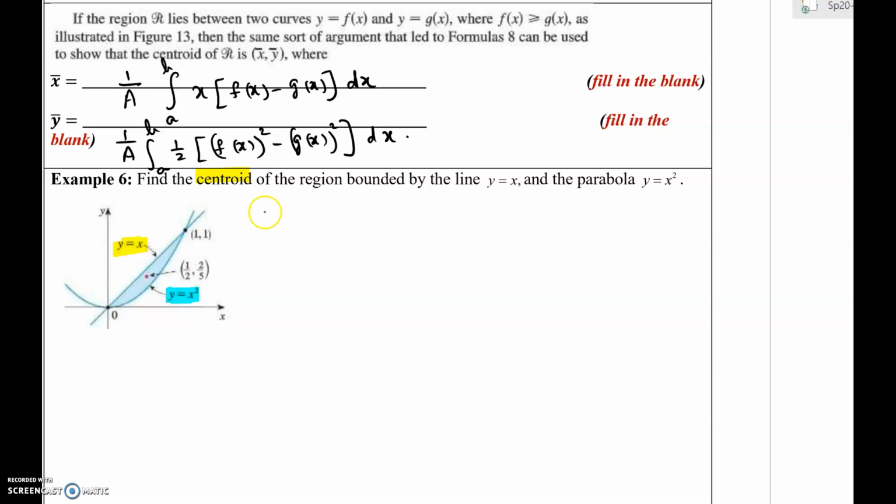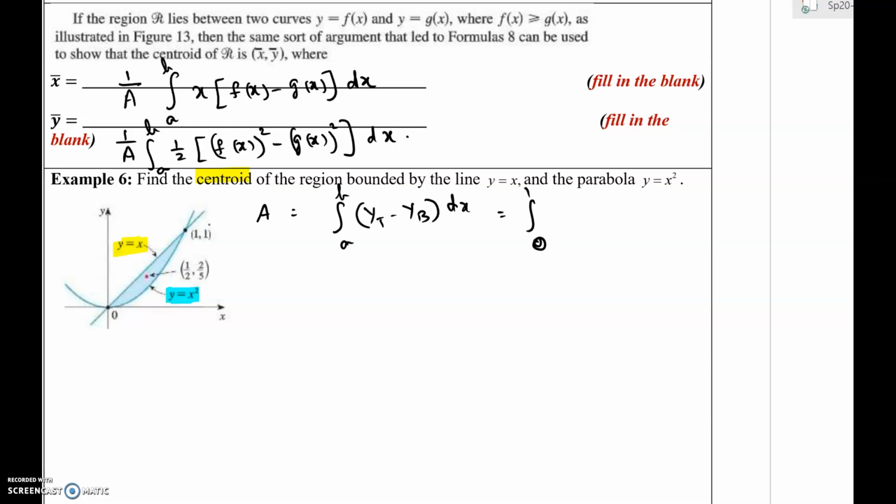Now let's first find the area between the two curves, which is the integral from a to b of the top curve minus the bottom curve, y top minus y bottom, dx, which is the integral from 0 to 1. The two curves meet between 0 and 1.